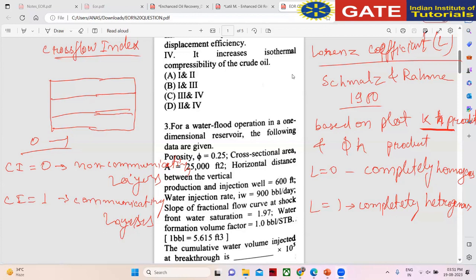Got it? So these are the three methods which tell whether your reservoir will be homogeneous or heterogeneous. Okay. First method is your permeability variation coefficient. Second method is Lorentz coefficient. Third method is your cross flow index. Okay. These are the three methods.